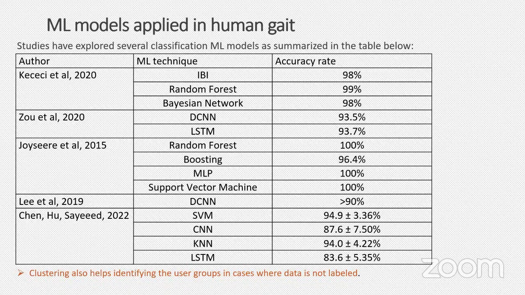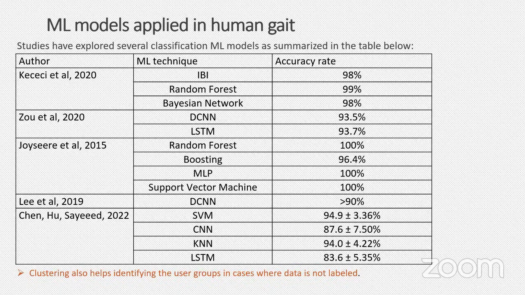We did not pick many of the clustering aspects, but we can see how the classification based machine learning models were behaving on human gait, and their accuracies. Most of the ones we picked here are doing so well. But even though classification is important, clustering is also important because it helps us group cases where the data is not labeled.